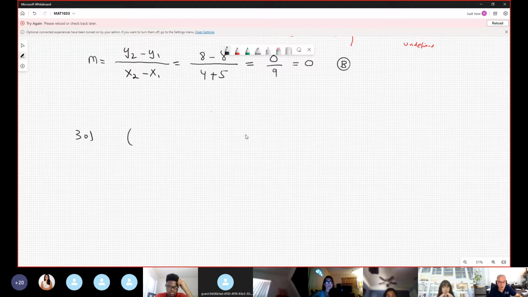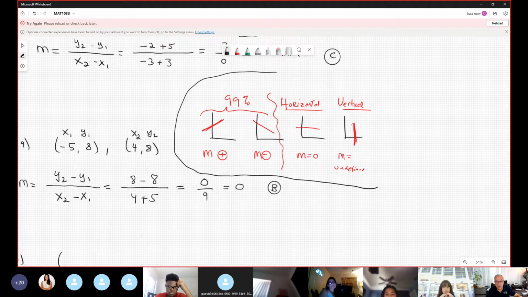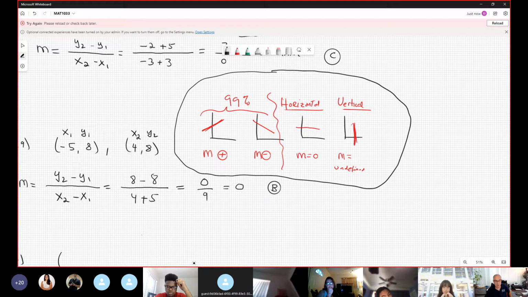Do you want me to repeat that part? Yeah, that part. Okay, I'll try to explain. When the slope of the line is positive, my graph looks like that. From left to right, the line is going up.